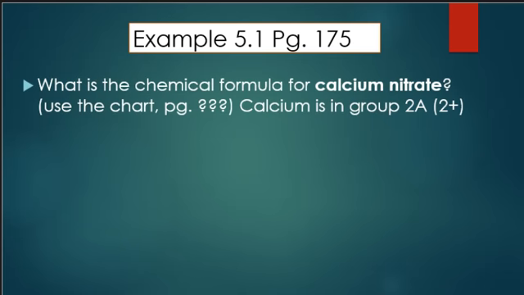So I'm going to bring that 2 from my calcium and cross over. My NO3 had the -1. That's going to cross over to the calcium, so the 1 would be down here, and we don't see it. Notice what I had to do to the NO3. I put it in parentheses, and the 2 goes on the outside of the parentheses. Where did that 2 come from? From the calcium, which is in group 2A.